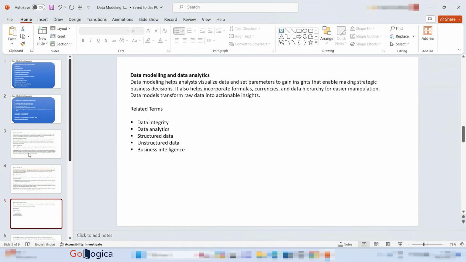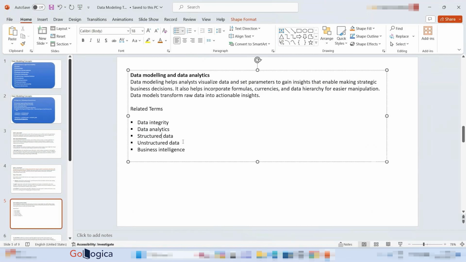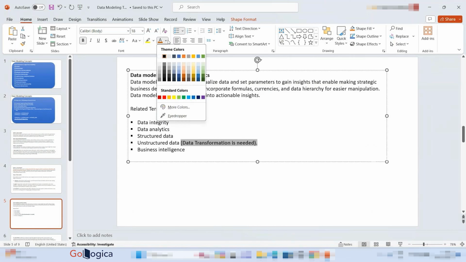Because you have to think about structured as well as unstructured data. So I'm going to add one term: when we have unstructured data, data transformation is needed.